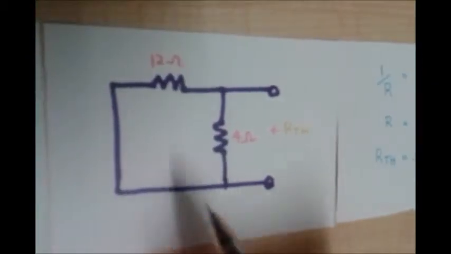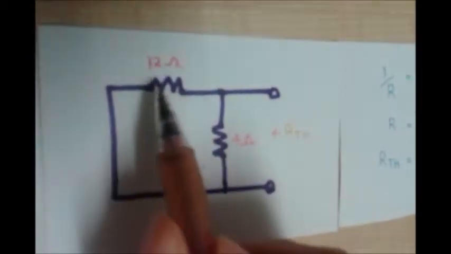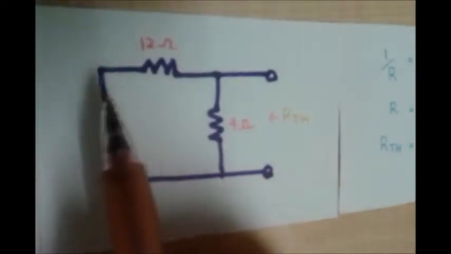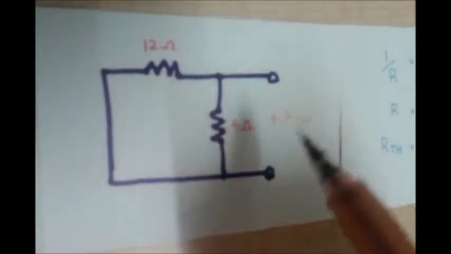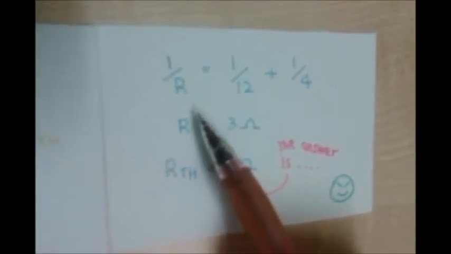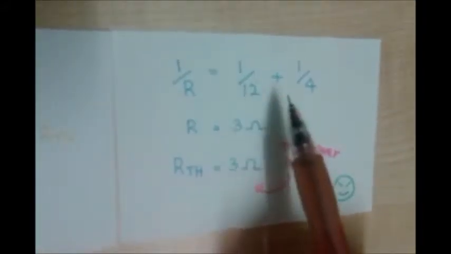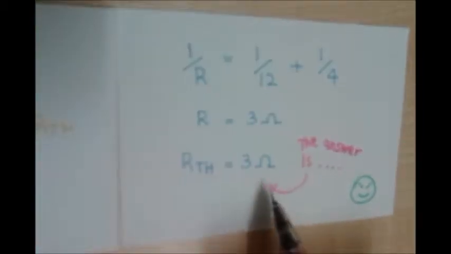Then the circuit will be like this after the summation of the 6 ohm resistors. The circuit will be in parallel. So we calculate the RTH. 1 over R equals 1 over 12 plus 1 over 4. RTH is equal to 3 ohm.